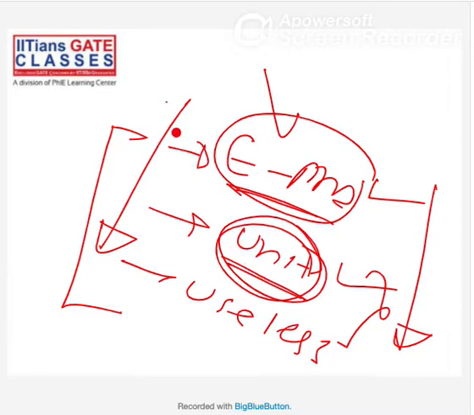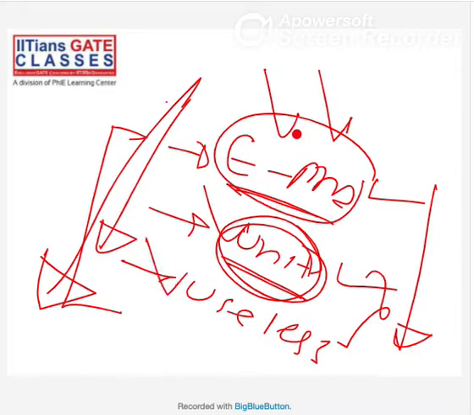So just apply in this order: first you do this, then this, then this. If you do in this order, then you don't have to do anything twice. This is the best order, and if you change the order, then you will have to do the same thing again.